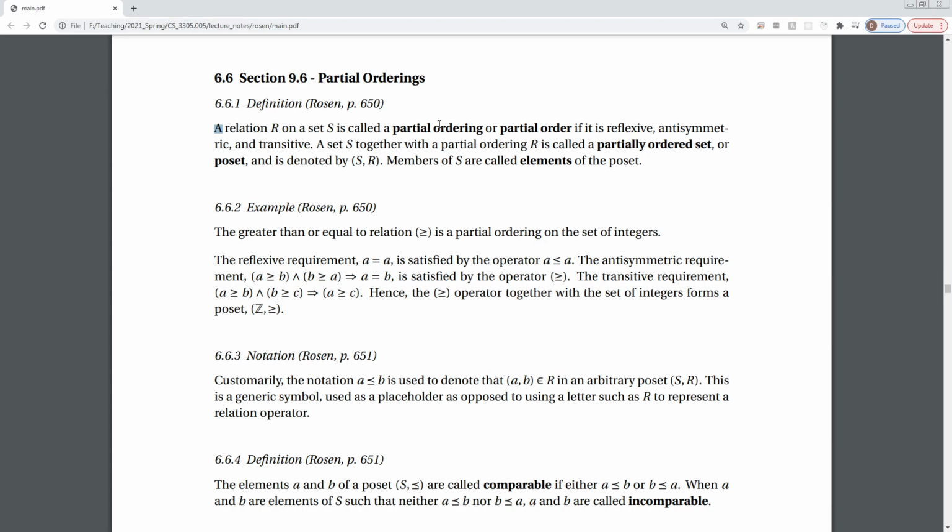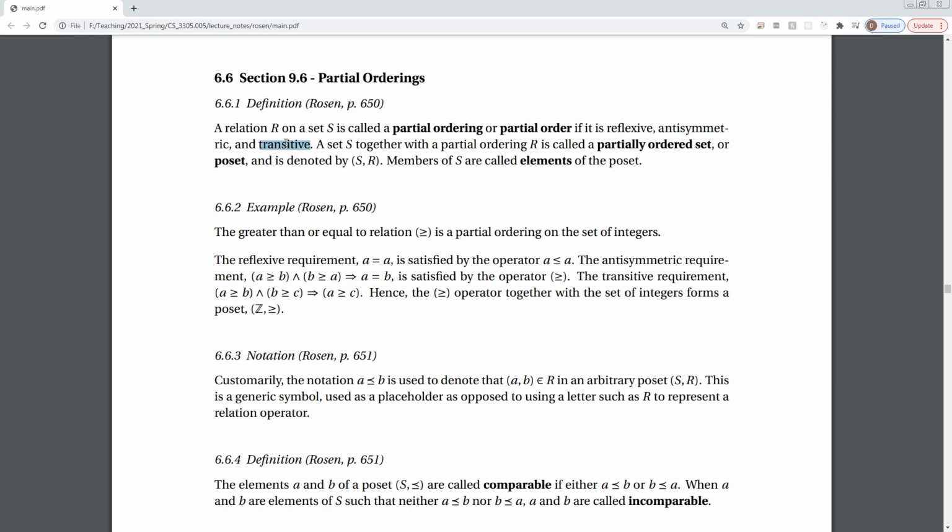the definition for partial ordering with a relation R on some set S is satisfied if it's reflexive, anti-symmetric, and transitive. And remember, anti-symmetric said that if it's symmetric, then you have equality.